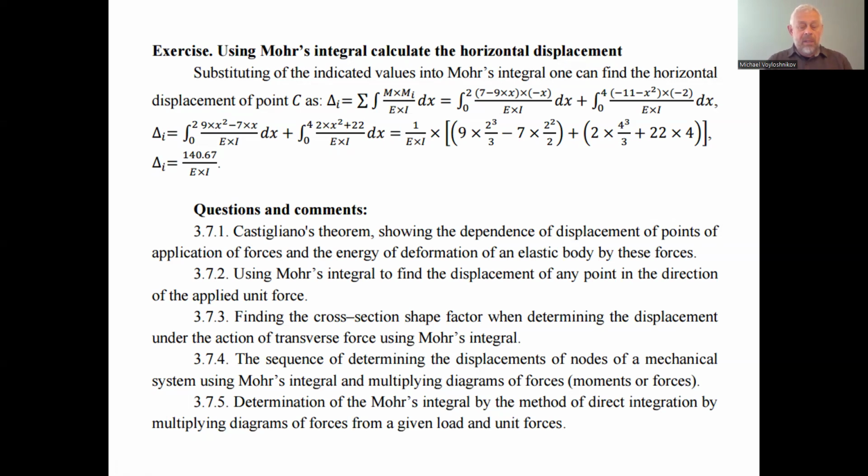Questions and comments. 3.7.1. Castigliano theorem showing the dependence of displacement of points of application of forces and the energy of deformation of the elastic body of these forces. Okay, so I did not talk a lot about the Castigliano theorem, but it is a theorem of the dependence of the deformations of the elastic proportional mechanical system in any direction under the action of forces applied in other directions, maybe the same and other directions.